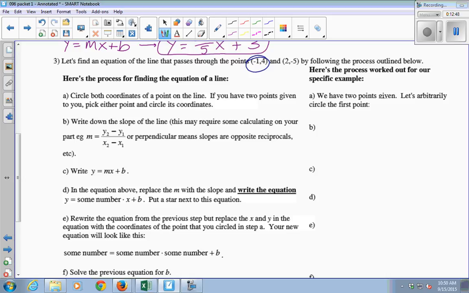Next, I have to calculate the slope of that line. Remember, slope is (y2 - y1) over (x2 - x1). So I subtract -5 minus 4 over 2 minus -1, which is -9 over 3, which is -3.